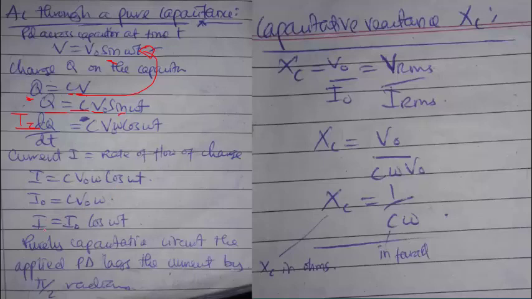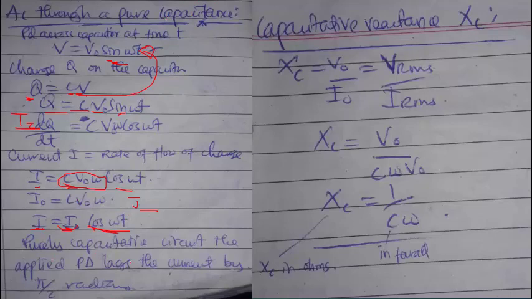Again, we know that they are out of phase. So if voltage was in sine, current will be in cosine. Similarly, I naught by comparison is given by these values here, because of cos Wt, so I naught is given by C V naught W. Again, from here, V naught over I naught gives the resistance, but in this case we call it the reactance of the capacitor.